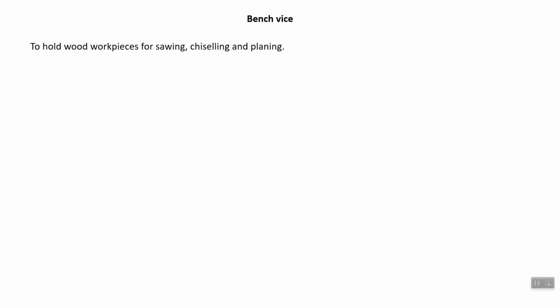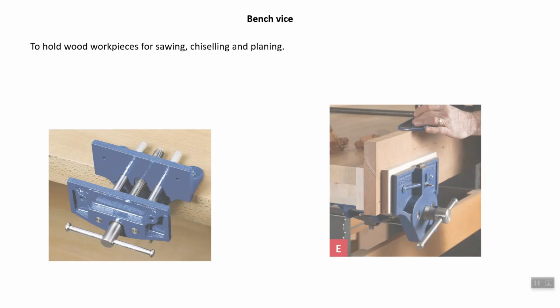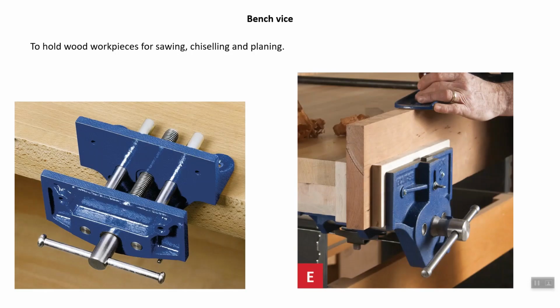So the first example of a holding tool is the bench vise. To hold wood workpieces for sawing, chiseling, and planing, we use the bench vise. So this is only for wood purposes.